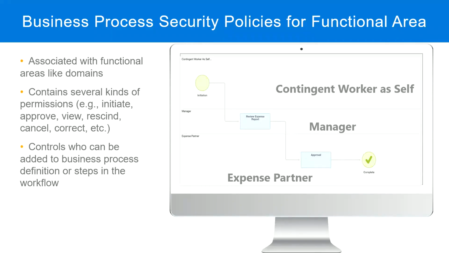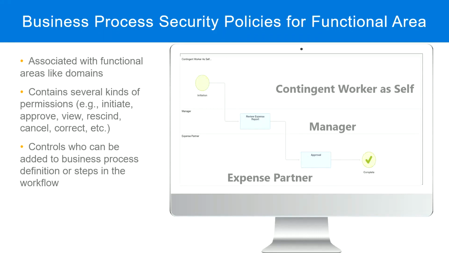Right. That is what is controlled by the business process security policy as well. Who can do those steps in the business process definition? Right. It's not up to our whims and fancies. Okay, this process step should be done by such and such.